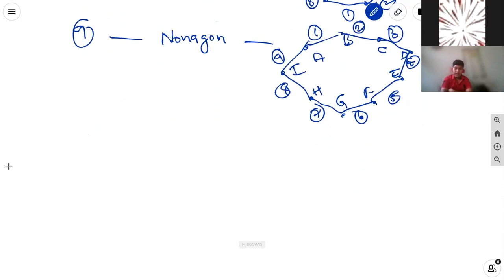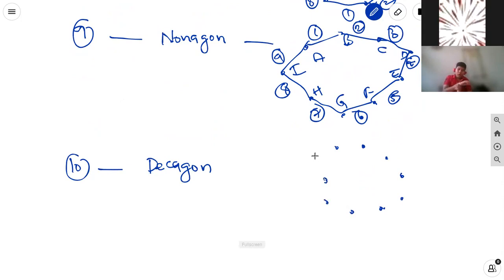10 means deca. Decagon. Decagon means 10 vertices. 1, 2, 3, 4, 5, 6, 7, 8, 9, 10.